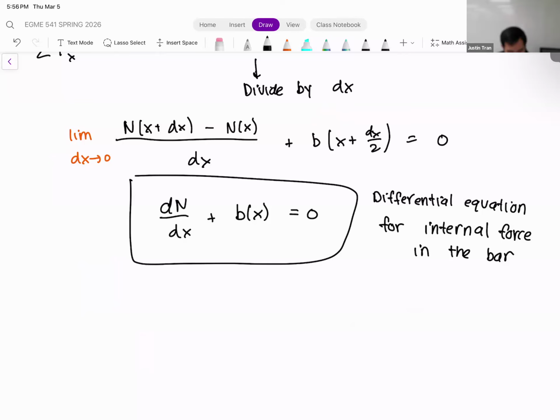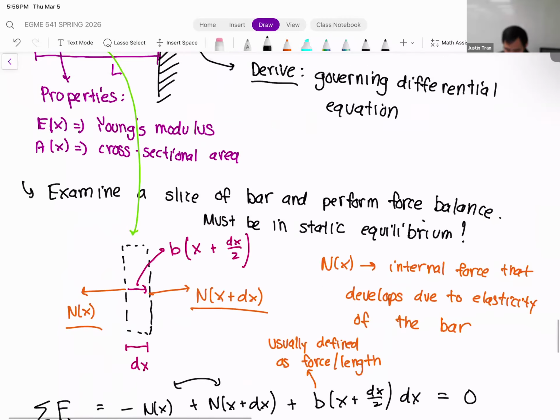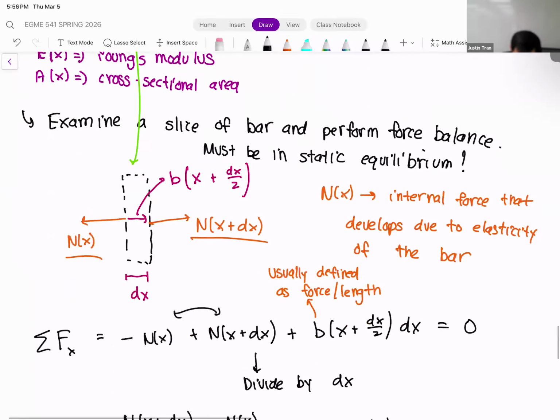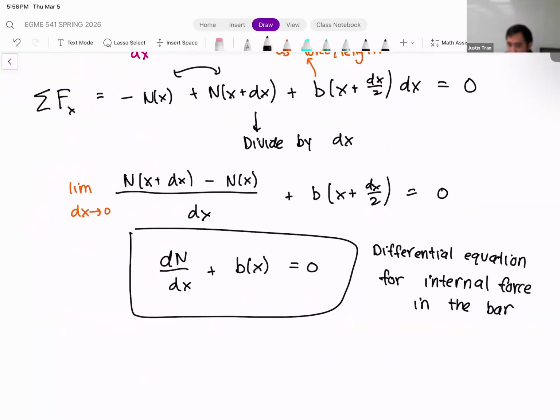Because if you look back at our original problem statement, what we want from this problem is not the internal force, but we want the deformation of our rod as a function of x. Now, our equation here doesn't have deformation, it has normal force.